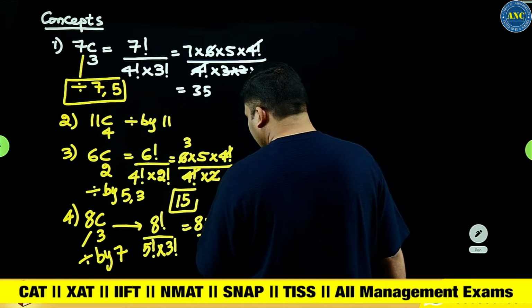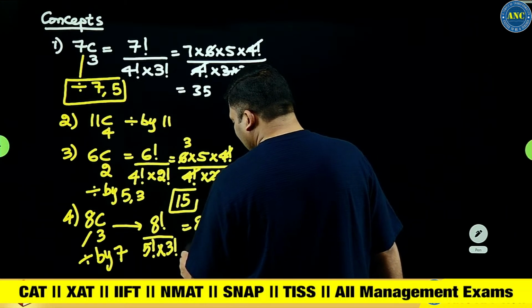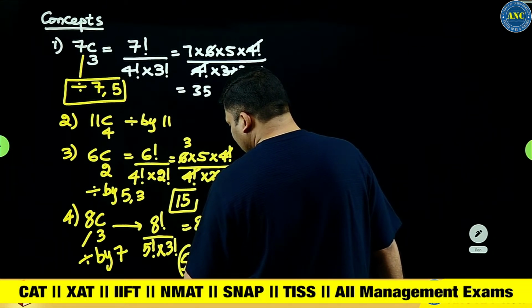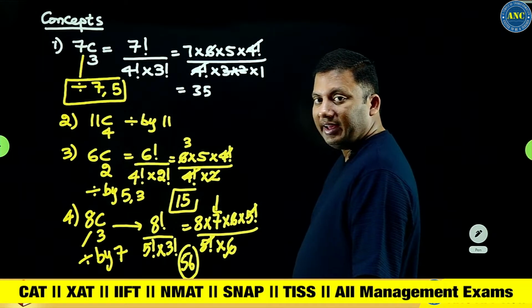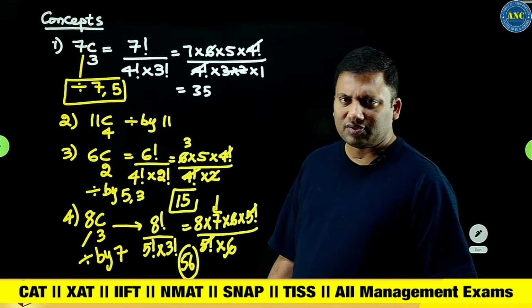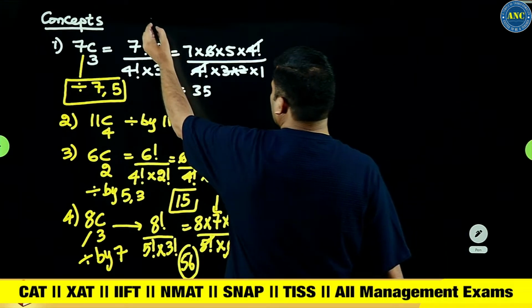The 5s cancel, the 6s cancel. 8 sevens are 56. Idea clear?